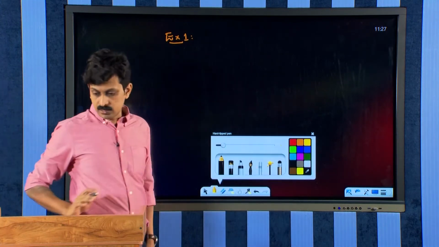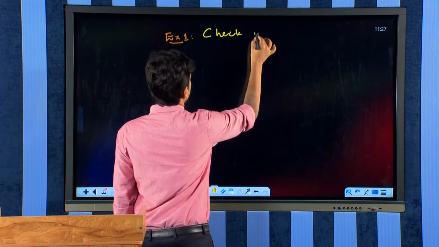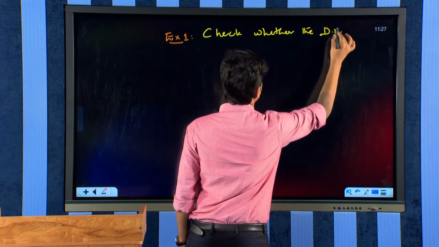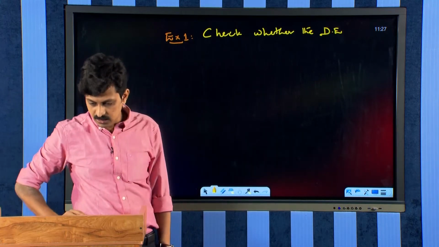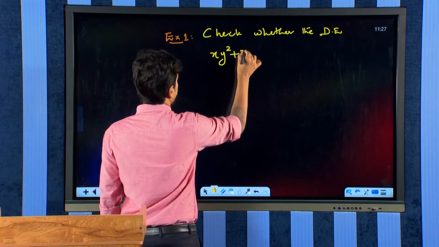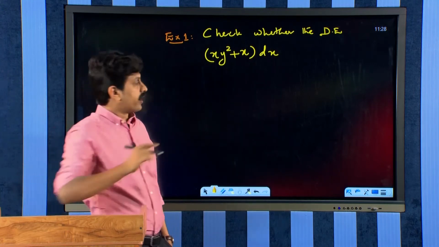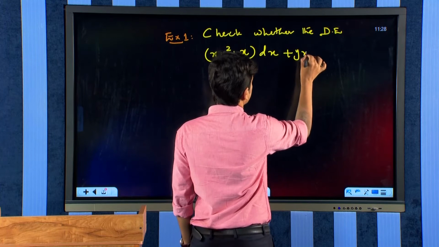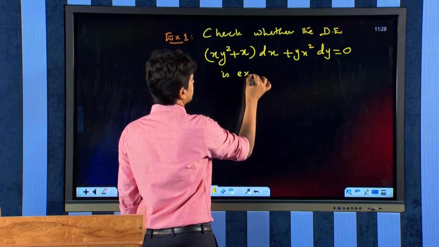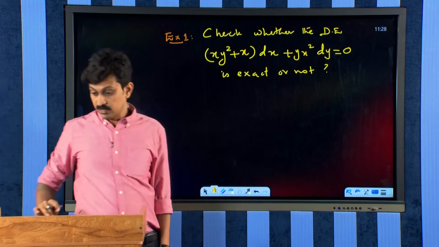See, in example 1, check whether the differential equation (xy² + x) dx + yx² dy = 0 is exact or not.